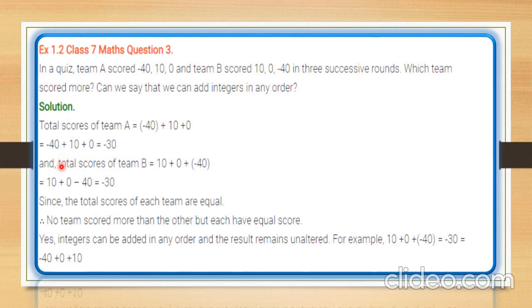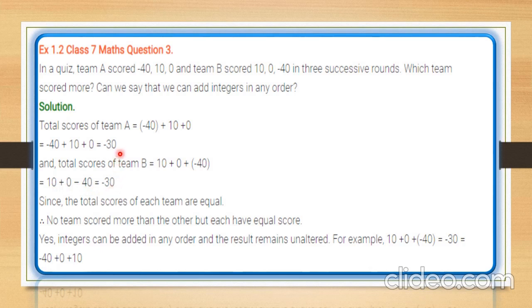And the total score of team B, first round 10, second round 0, third round minus 40. So 10 plus 0 plus minus 40. So plus minus becomes minus. 10 plus 0 is 10. 10 minus 40, again you get minus 30.